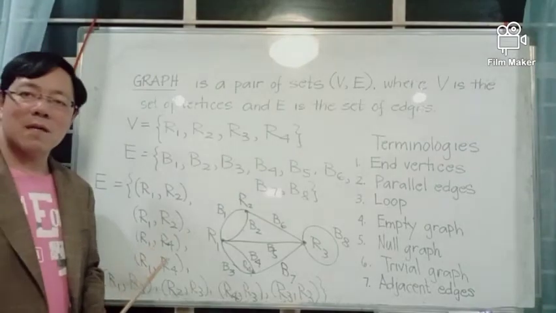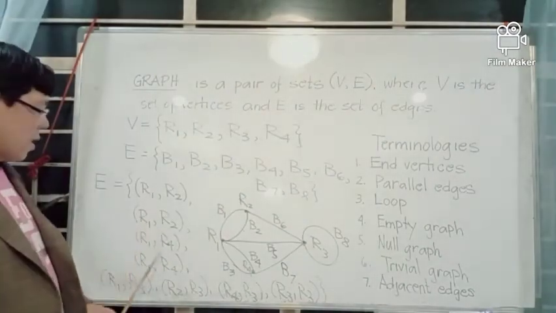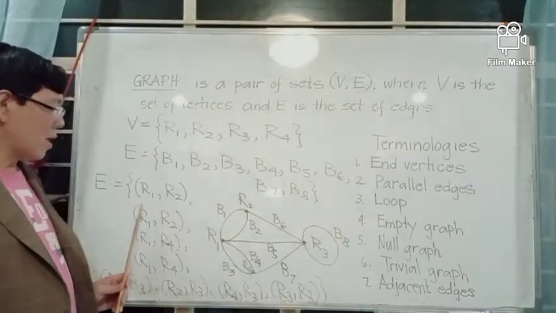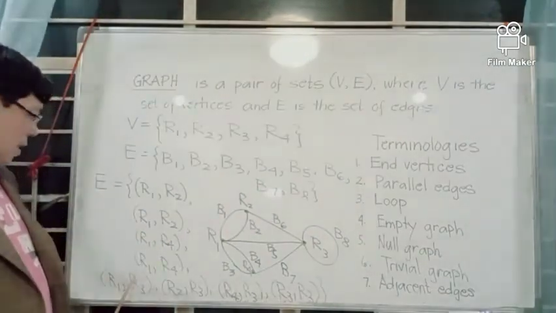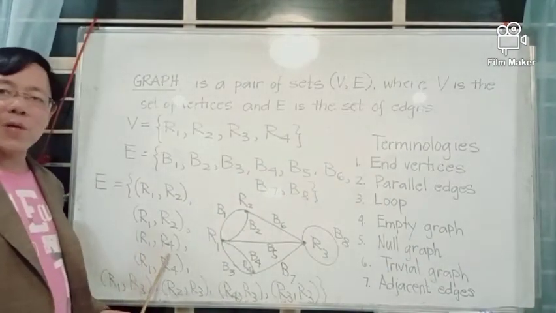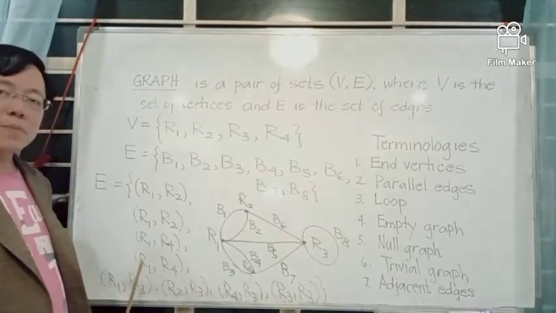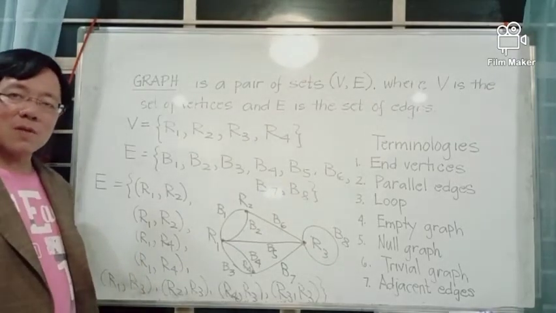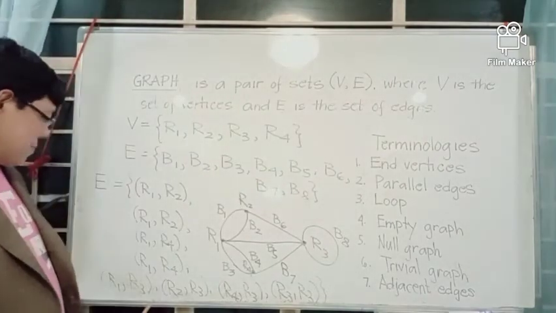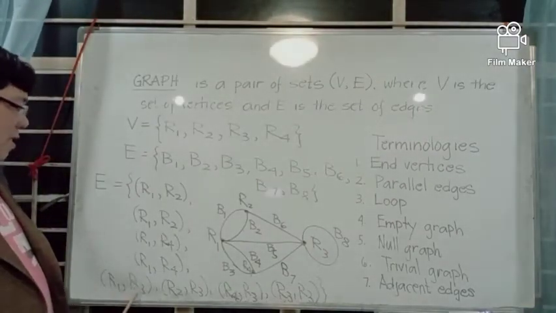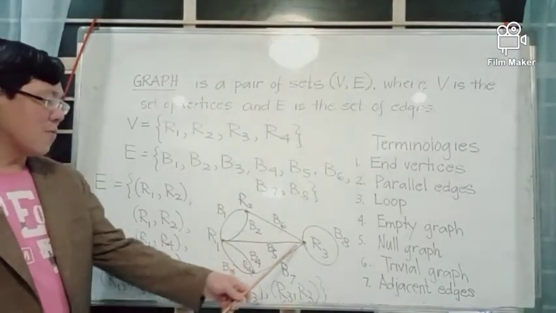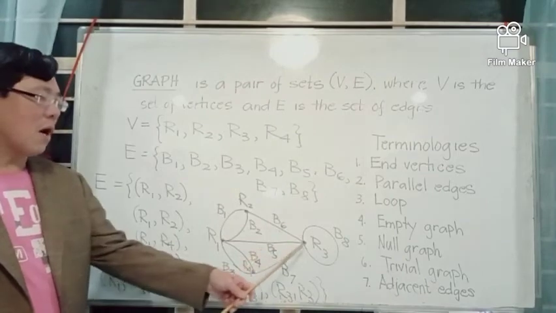Again, in writing the set of edges in this way, instead of writing R1, R2, you can write R2, R1. The same with R1, R4, you can write R4, R1. That means in graph theory, the pair is not ordered. The same with R1, R3 for edge B5, you can write R3, R1.